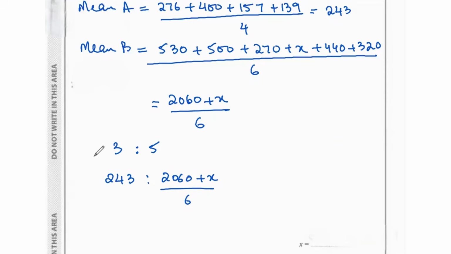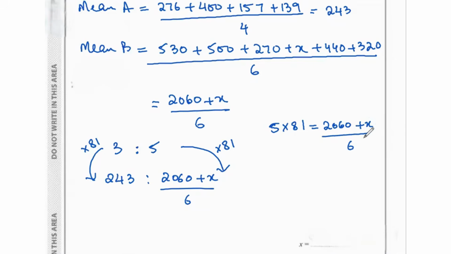We need to see what we can multiply 3 by to make it 243. So if we divide 243 by 3, that gives us 81. So 3 times 81 is 243, which means 5 times 81 gives us the mean value for list B. So 5 times 81 equals 2,060 plus x over 6.